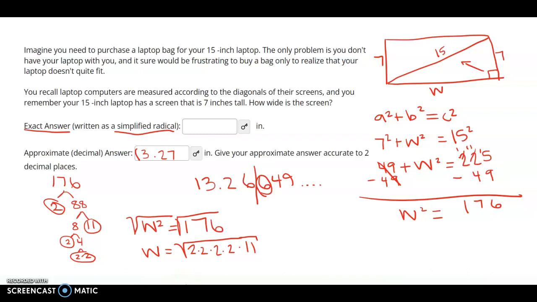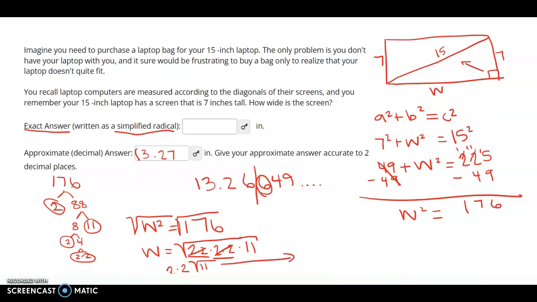Okay, so when we simplify, since it's a square root, we're going to do a 2 for 1. If we have 2 2's, that'll give me 1 2 out front. Oops, it's not letting me write down there. I have 2 more 2's, so I can do another 2 out front, which will be multiplied. The 11 doesn't match up with anything, so it'll just be 11 on the inside.